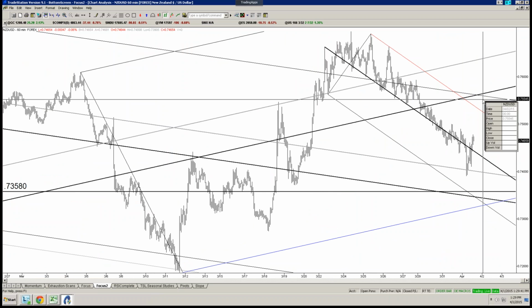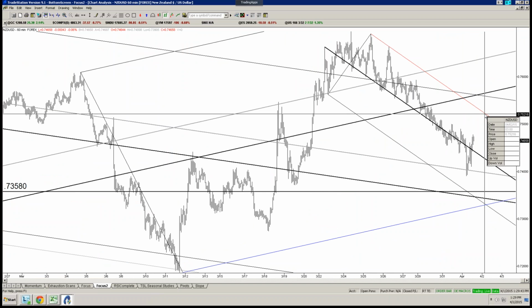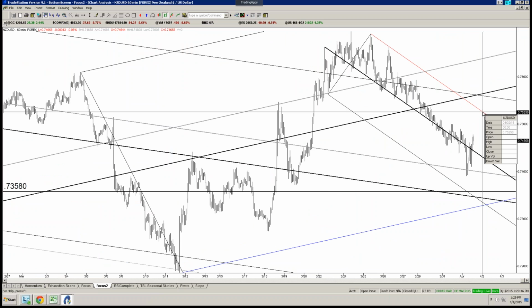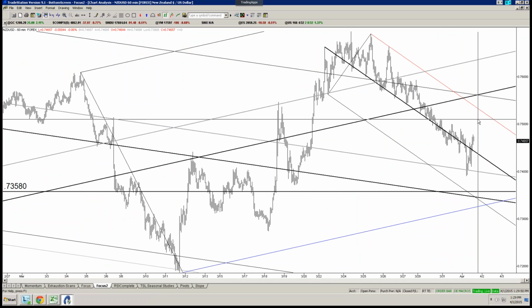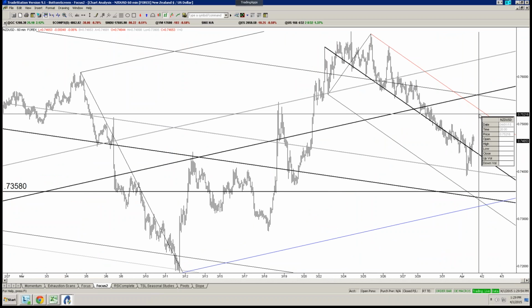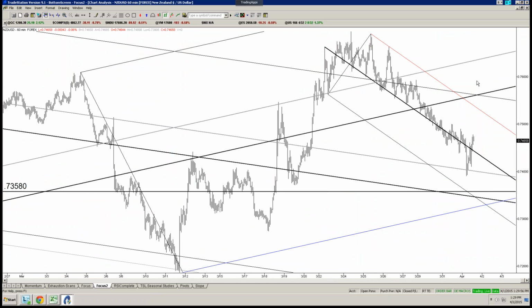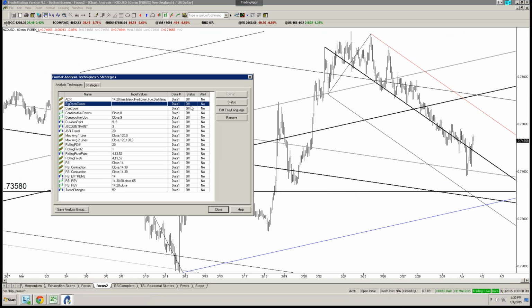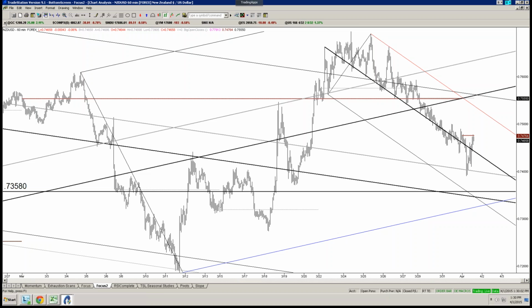So I myself will probably be watching for resistance overnight in Kiwi. Have more on that, obviously, in the report later. But probably between 75.20 and 75.40 for Kiwi dollar. So, 75.55 is the week open.